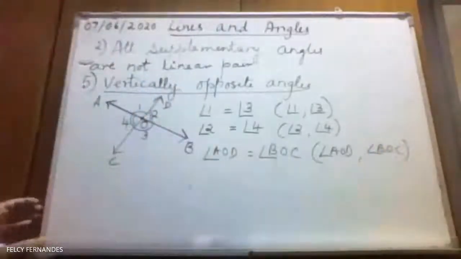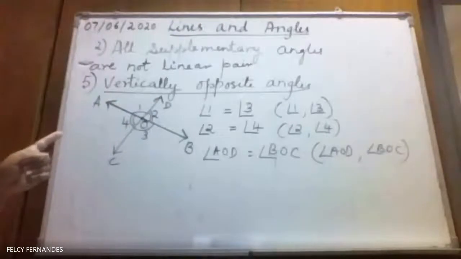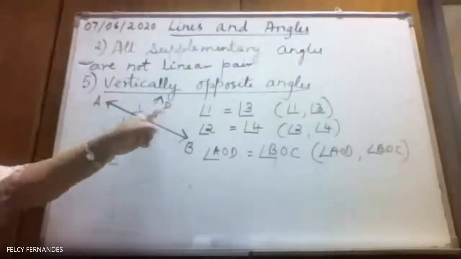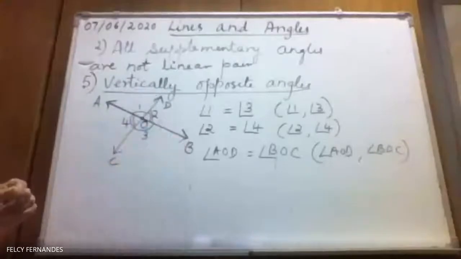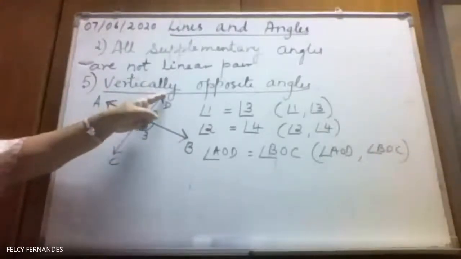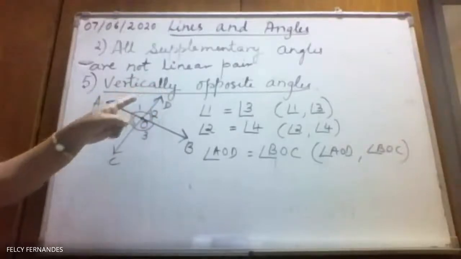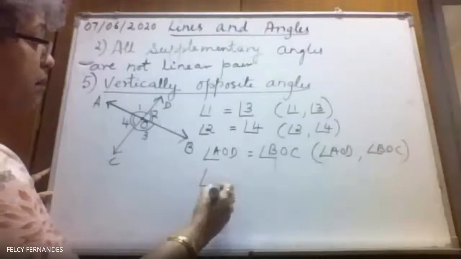Same way, now I should take angle 2 and angle 4. How will I label angle 2? I can say BOD or DOB. So angle BOD.